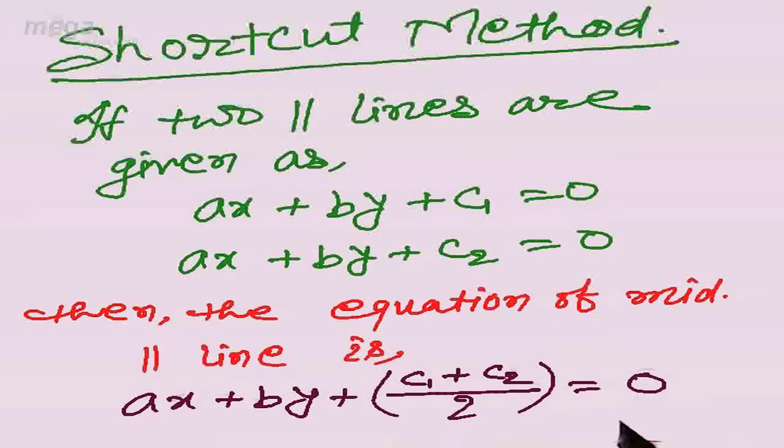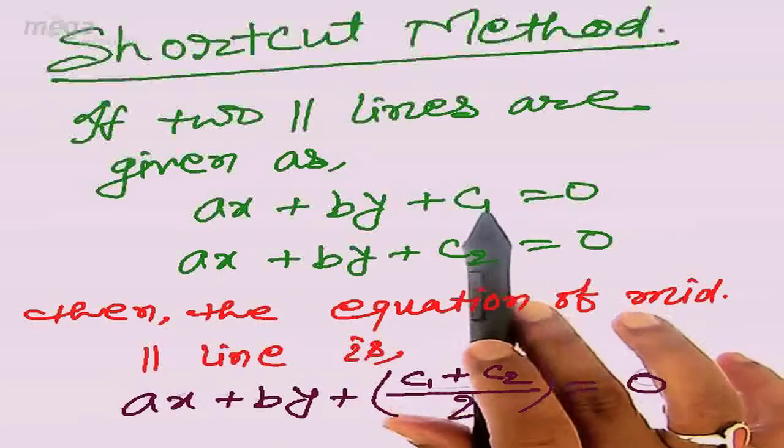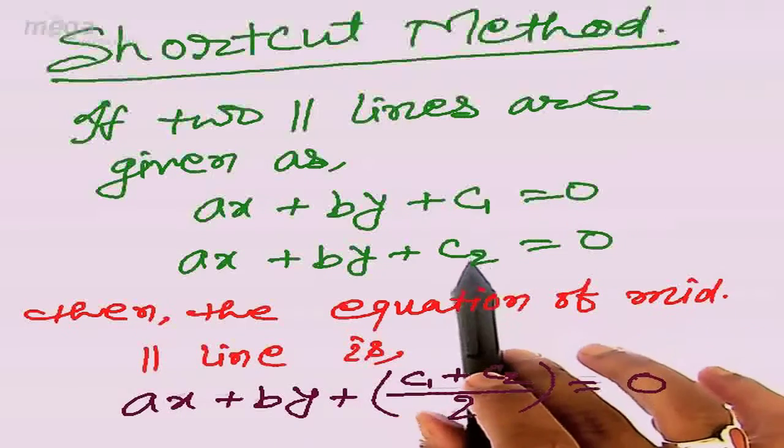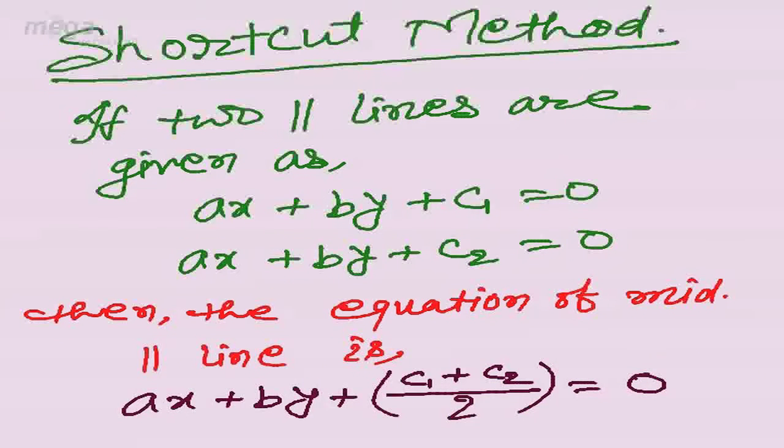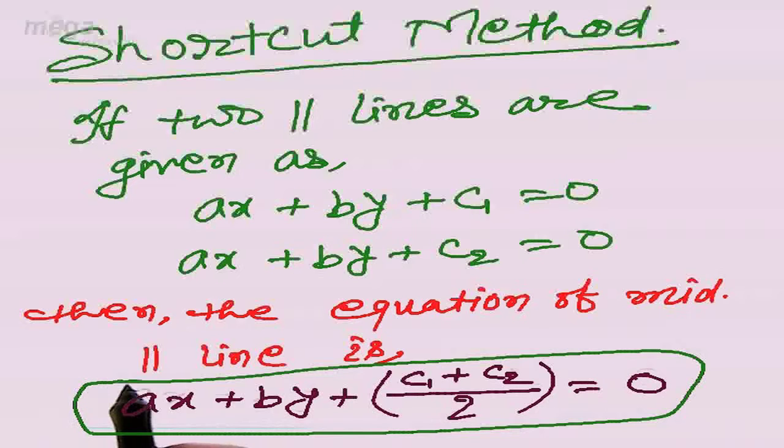This is the shortcut. We write the same a and b, and for c we find the average, the mean of the two given c's. So using this formula you can calculate the equation of mid parallel lines in a very easy manner.